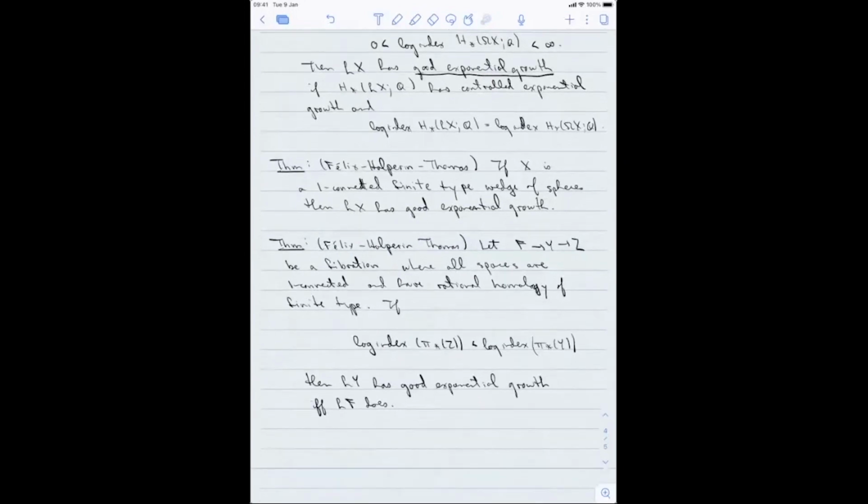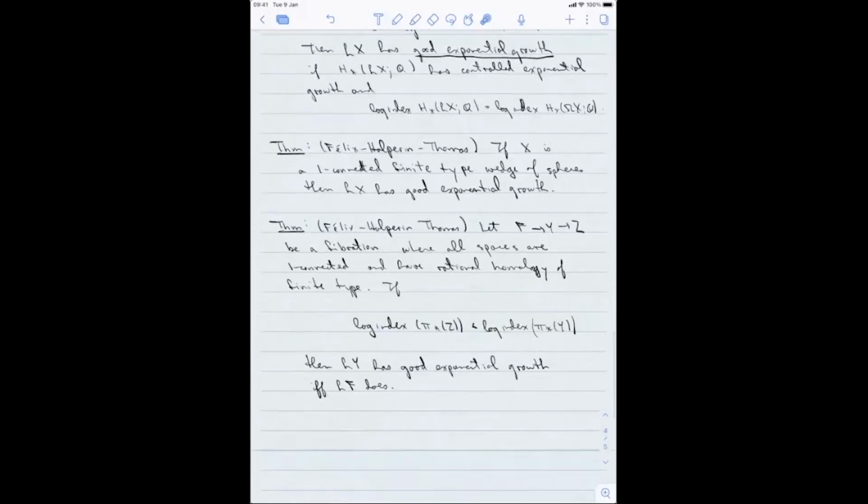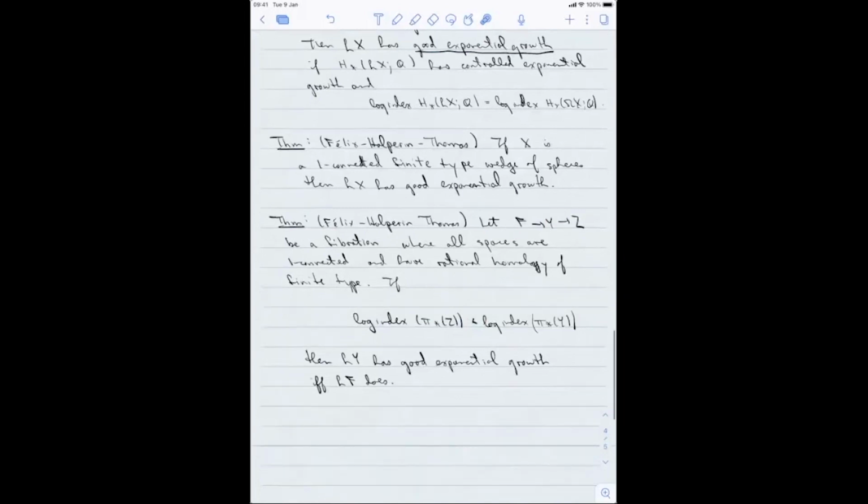Right, so given some sort of comparison between the base and the total space in this fibration, given by their log indexes, if you have an inequality like this, then the fiber and the total space have exponential growth that's very well behaved simultaneously.